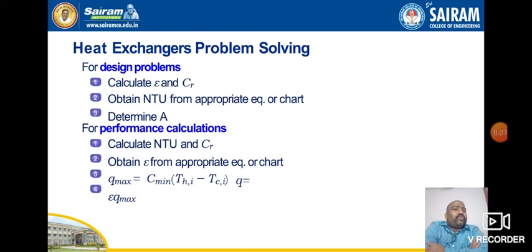Suppose you want to do performance calculations, you need to calculate NTU as well as Cr, and second, obtain epsilon from the appropriate equation or chart. Next, find the maximum heat transfer, which can be calculated using C minimum into Thi minus Tci, or else, if you know the effectiveness, we can calculate it by effectiveness into maximum heat transfer.